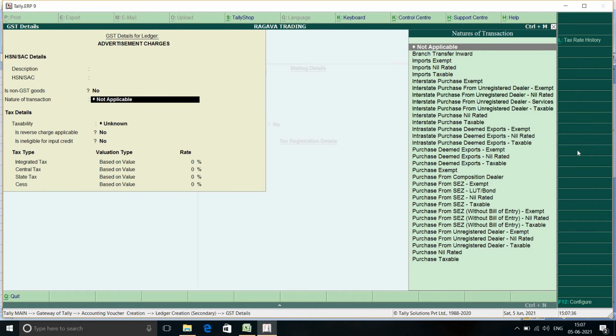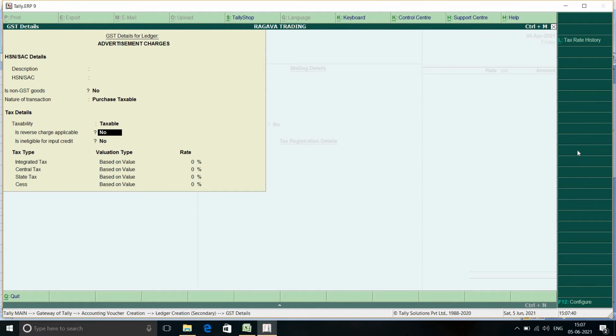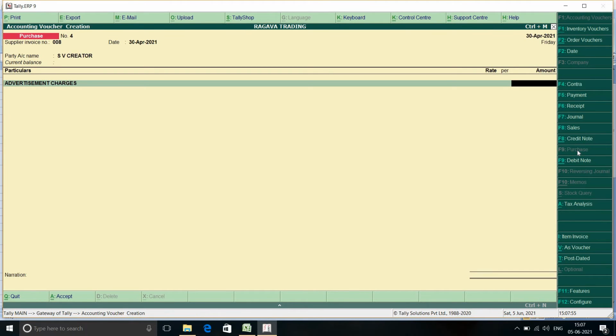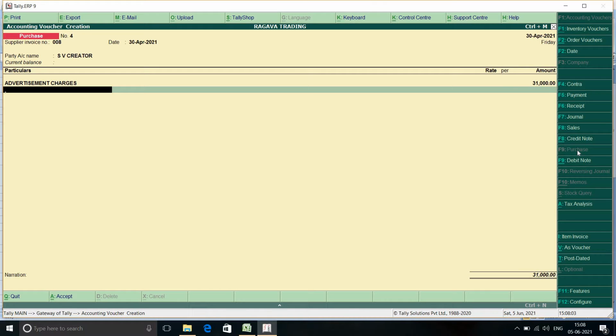Nature of transaction is very important. Purchase taxable, 18% GST. For example, 31,000 you are getting.